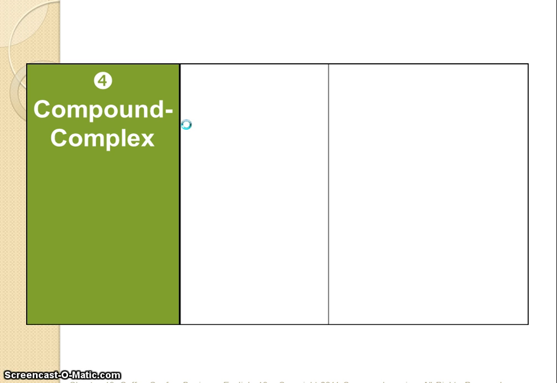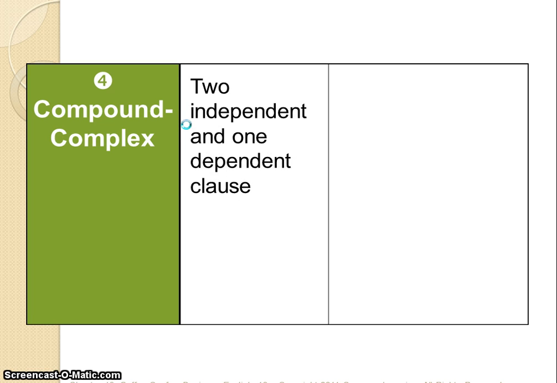The compound complex is a little more hard to determine because sometimes they're just not together like this. But a compound complex sentence has two independent clauses and one dependent clause.